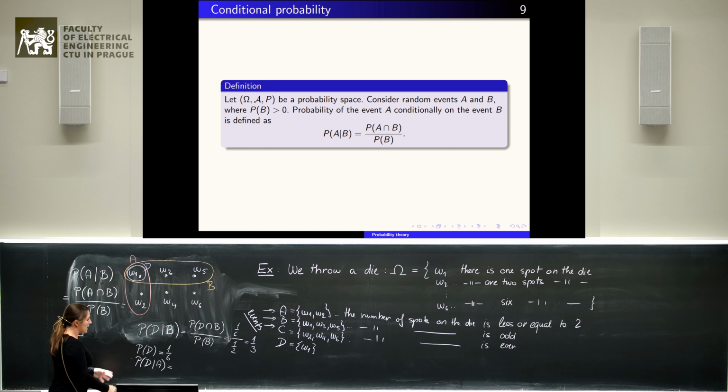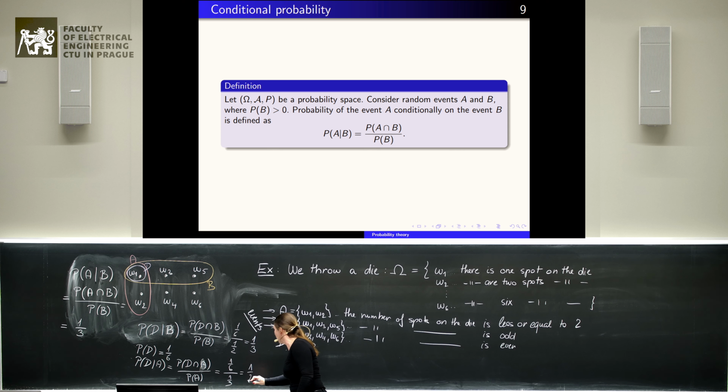So we expect that the probability is 3 times as large as the original probability, and really, when we consider the conditional probability from the definition, we get that it is 1/6 over 1/3. So it is 1/2.